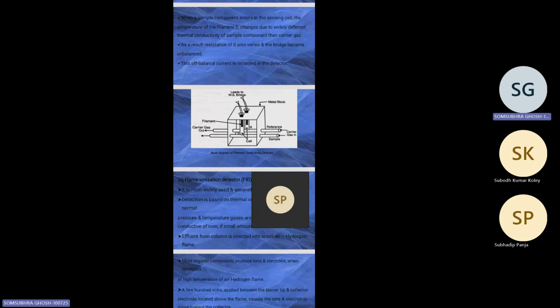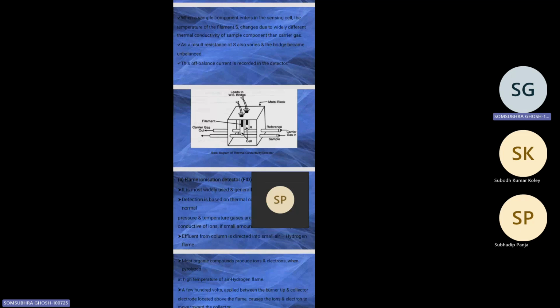In another portion the carrier gas along with the sample will be flowing. So that is a comparable detector. Initially, when the sample is not separated, in both areas only carrier gas will be passing, so the thermal conductivity of both gases will be the same.